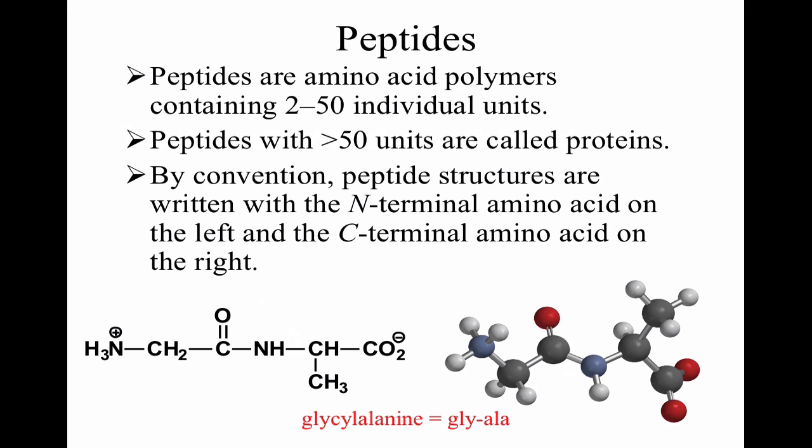So is glycine-alanine the same as alanine-glycine? It is not. They have different residues at the ends, right? It would be flipped. So it's not like adding 1 + 2 is 3, just like 2 + 1 is 3. It isn't the same. Okay, so.